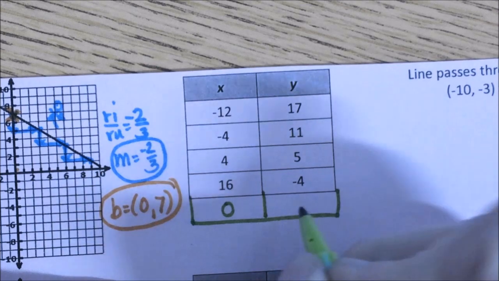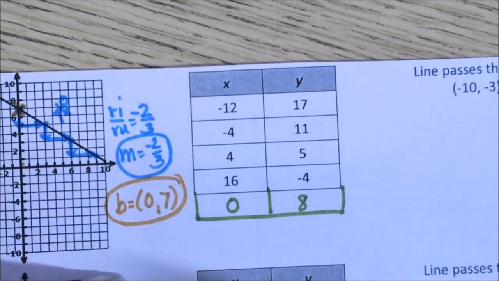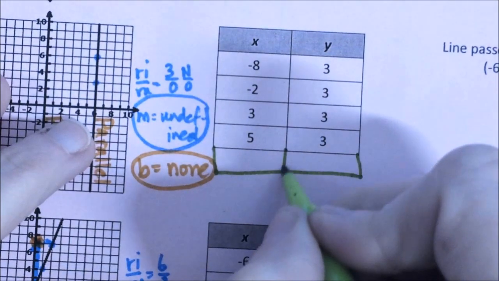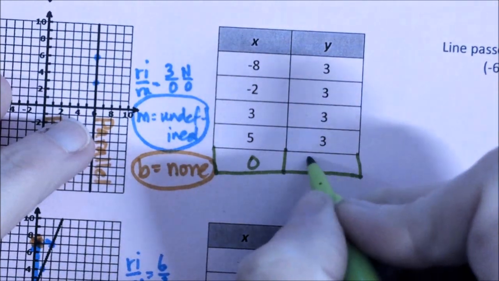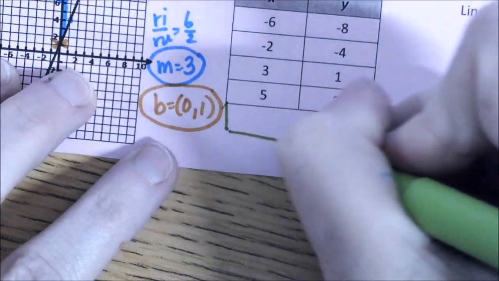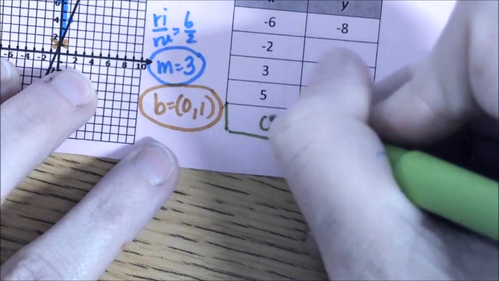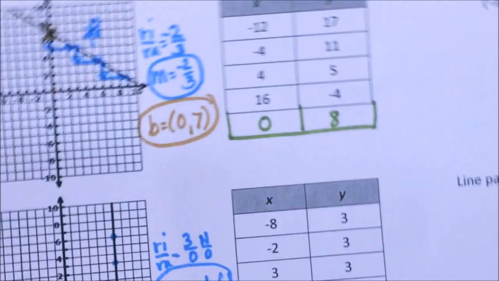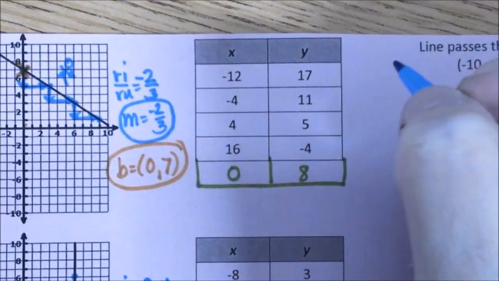We're going to add a row 0, 8 to this one. To the second one, we're going to add a row 0, 3. And to this last one, we're going to add a row, oh my gosh, that is the craziest looking, 0, -2. Okay? Now, I can find my slope pretty simply, just like we always do.